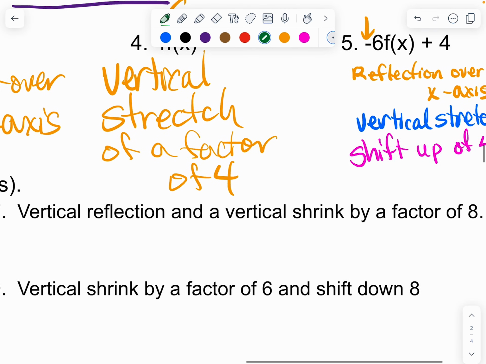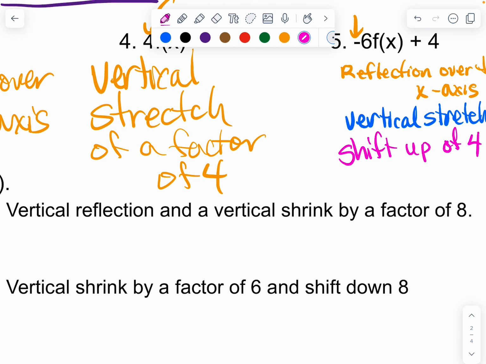Okay, on this one, we start with f of x. Vertical reflection, so that goes negative right there. And a shrink of factor of that. So it's 1/8. Oops, I should have done a different color. I apologize. I was trying to be good about that.